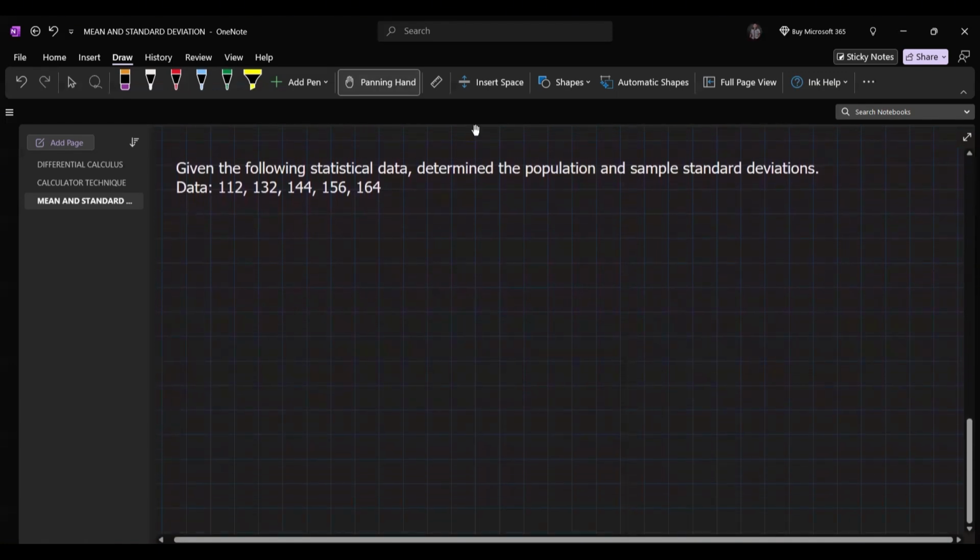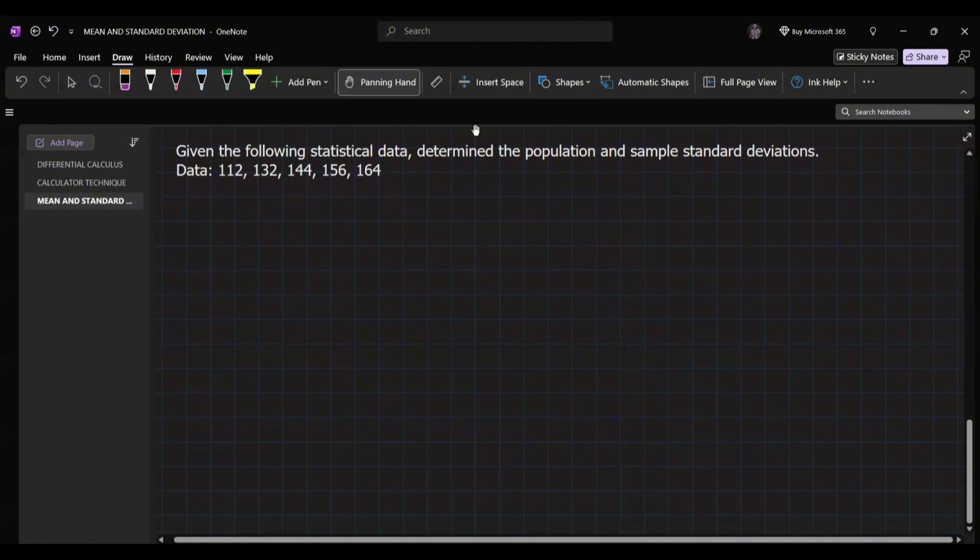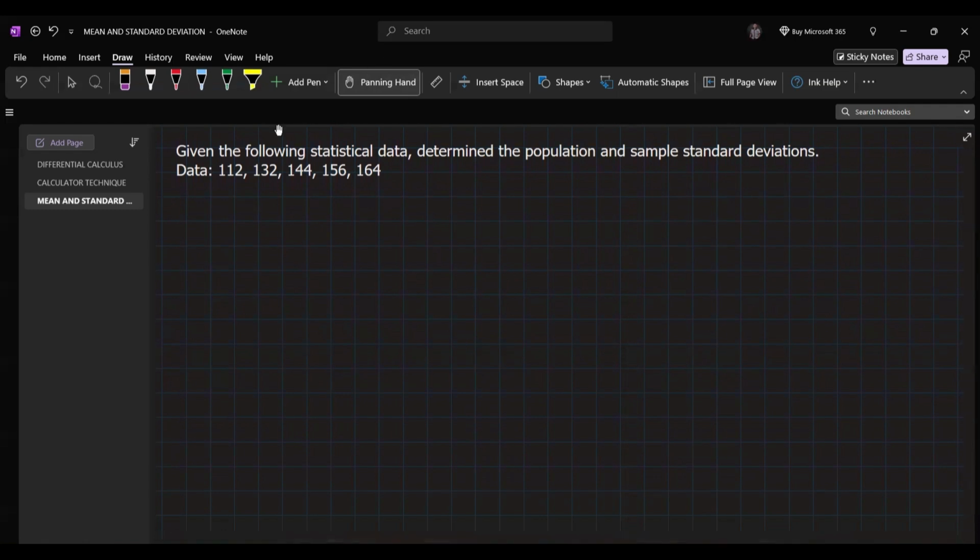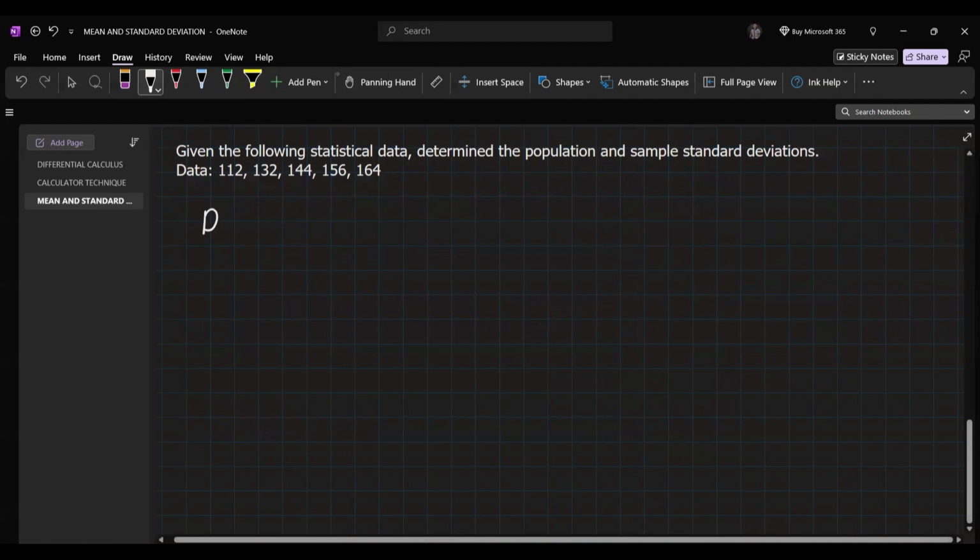Given the following statistical data, determine the population and sample standard deviations. Data natin, 112, 132, 144, 156 and 164. So, ang mainam natin na gagawin dito ay iti-table natin. So, data. Tapos, ito yung, let's say, ito yung mean natin.